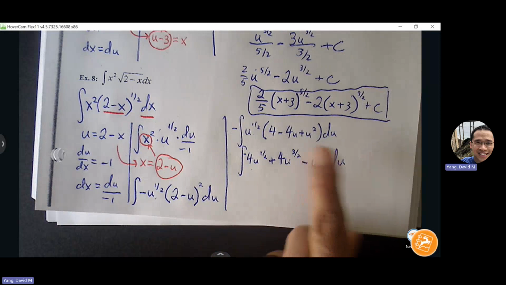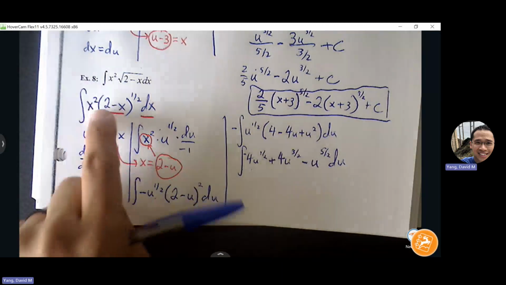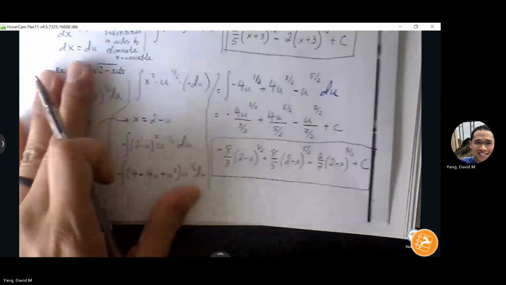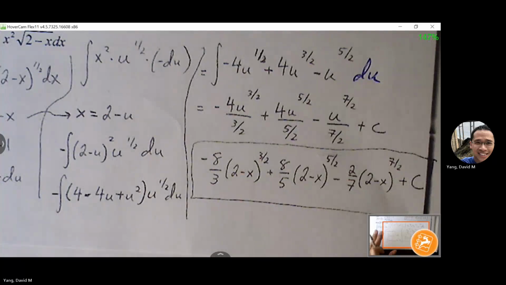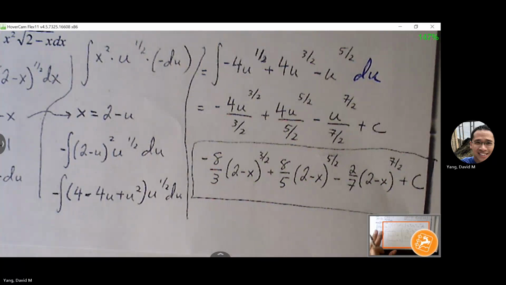I'm going to go through power rule, clean up my coefficients, and then bring your original x variable back. Okay, next page.